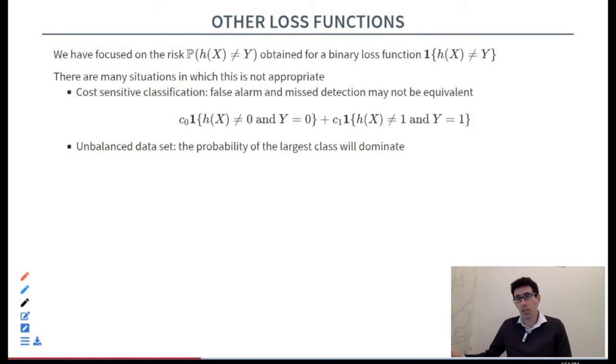If it's actually likely that it's a dog, you want a dog. And therefore, it would make sense in a case like that to penalize much more not classifying a dog as a dog, to make up for the fact that your data set could be extremely unbalanced. So this concludes my discussion of Bayes classifier.